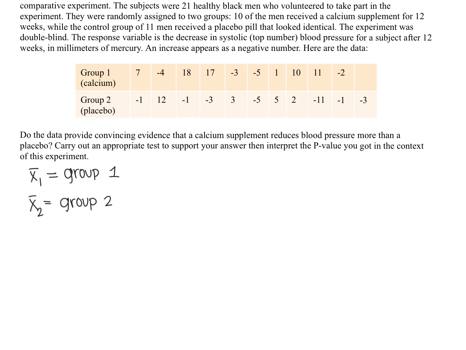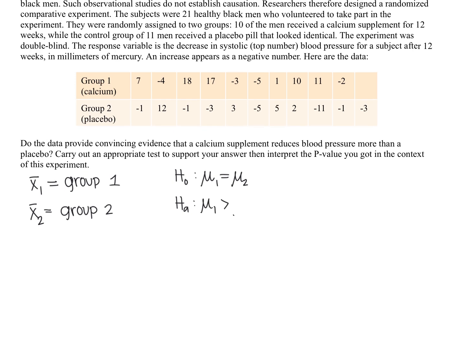So for the null hypothesis, it is always that they're equal. For the alternative, so we want to know if a calcium supplement reduces blood pressure, which would mean that people's mean average in group 1, because a positive number represents a decrease, we would want their mean to be greater than the group who took the placebo.